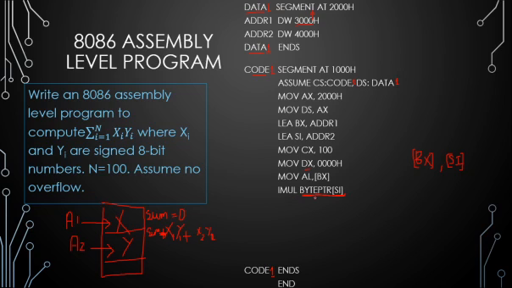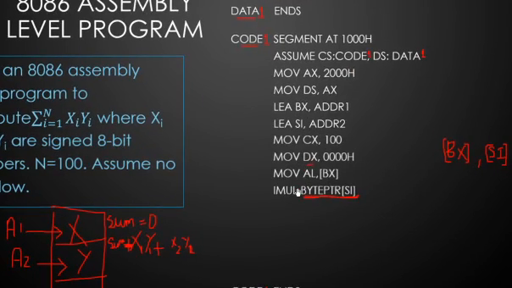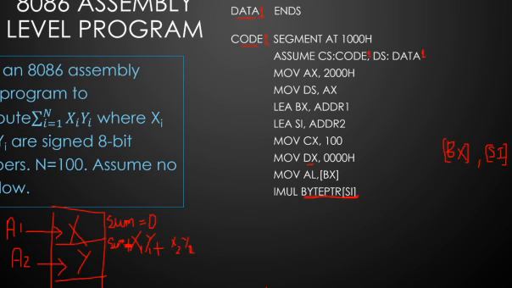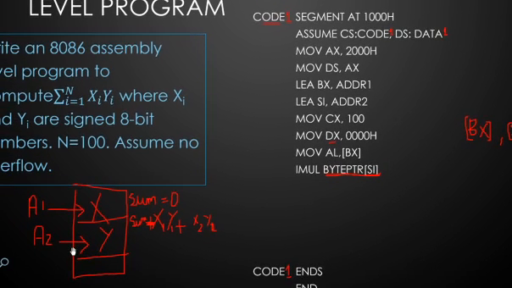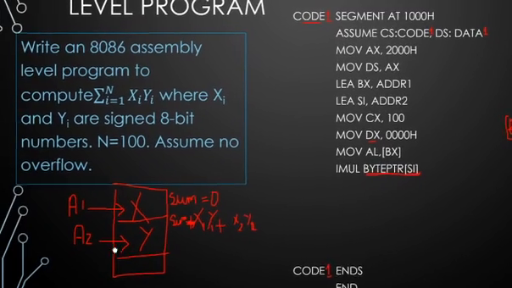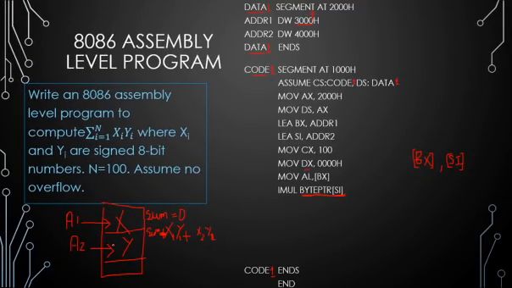Okay, so what is to be done? Multiplication will point to the, here you can see, okay, so here you can see only one byte, an 8-bit number.